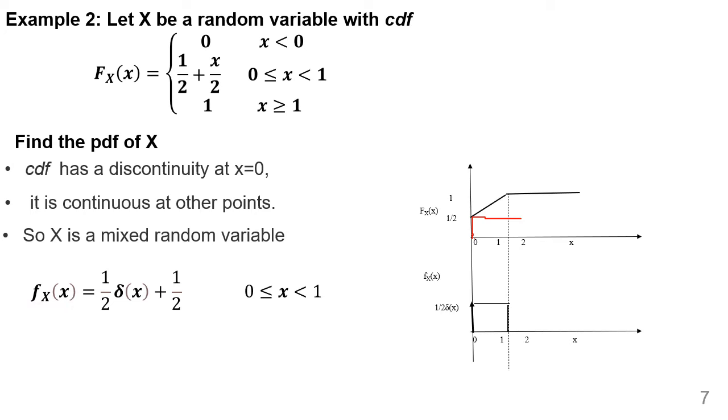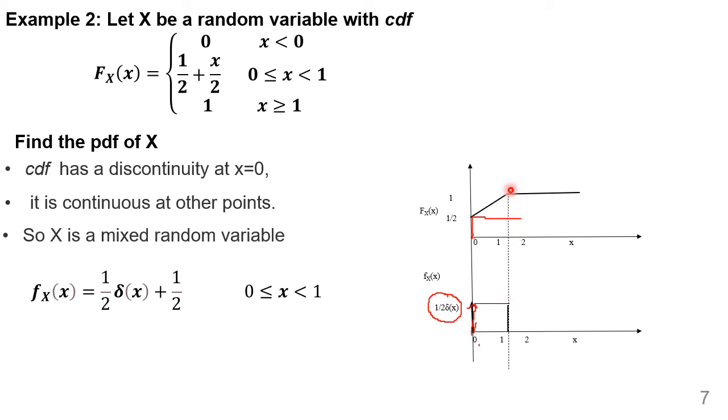When we differentiate a step function, we are going to get an impulse function having the value half into delta of x. When we differentiate a straight line equation having a slope of half into x, we are going to get a constant value that is equal to half.